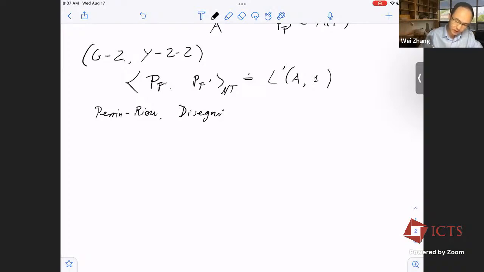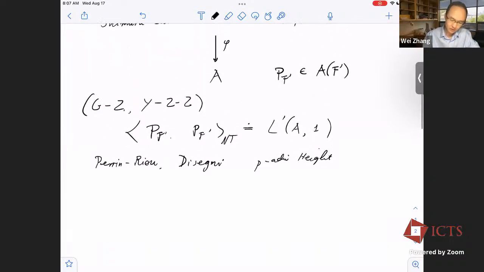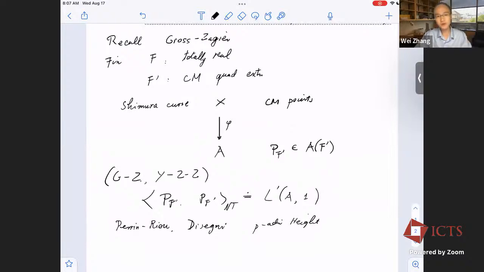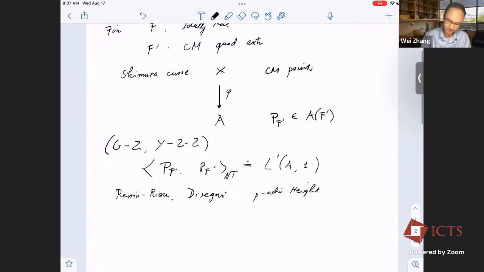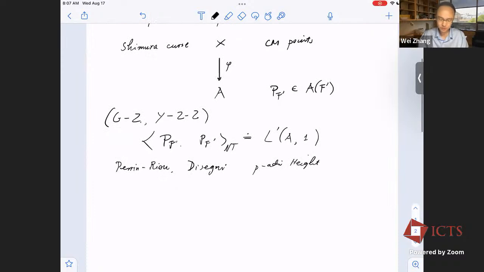In that case, you compute the p-adic height.